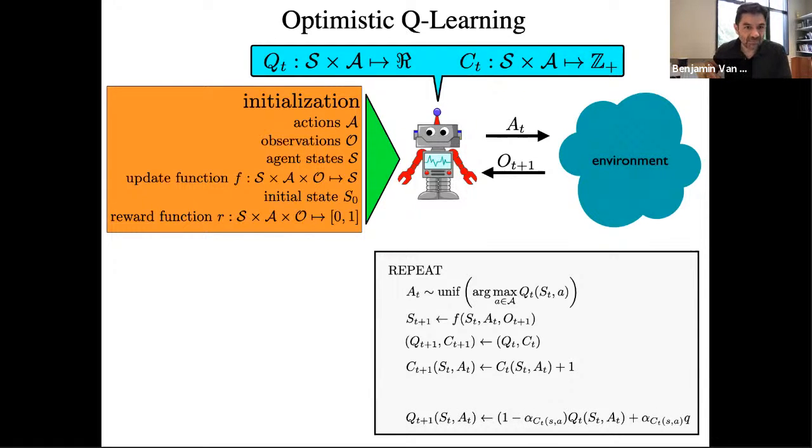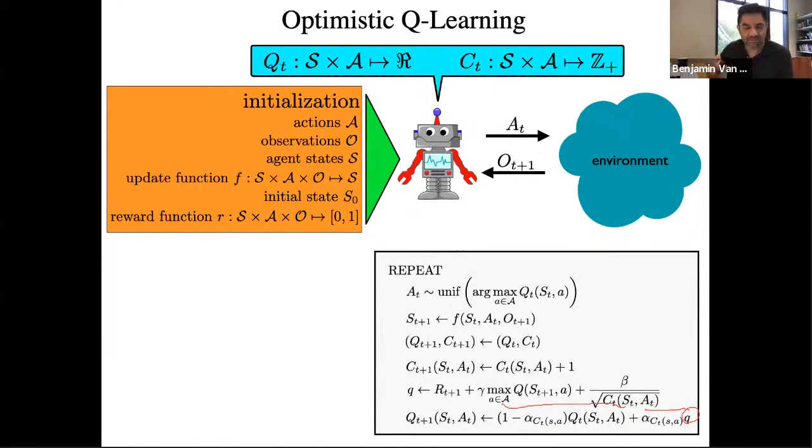And the action value, well, I'm only going to update the action value for the state action pair I just observed. I'm going to update that by taking a convex combination between two terms, one being the previous value for that state action pair, and the next being a new estimate, little q.